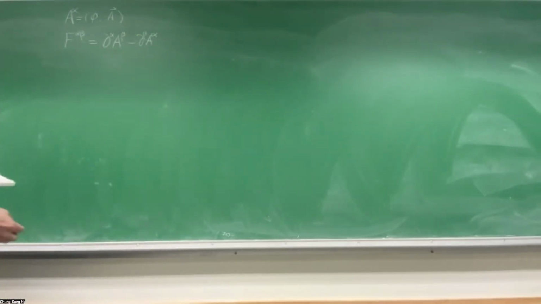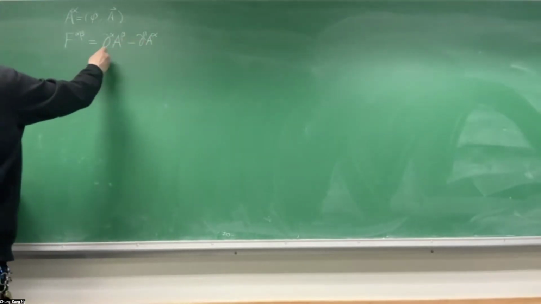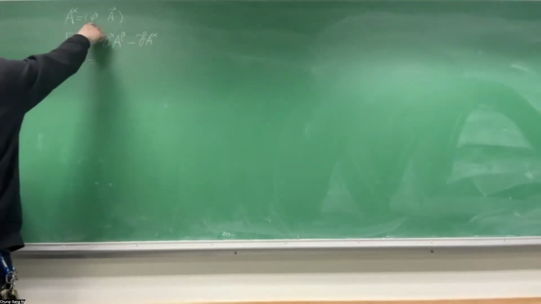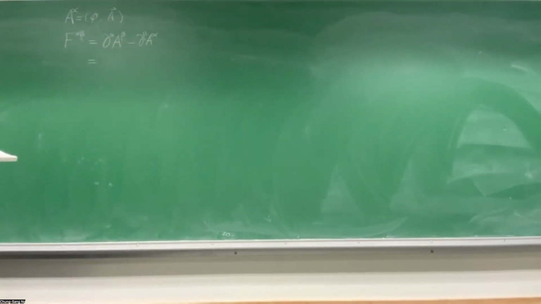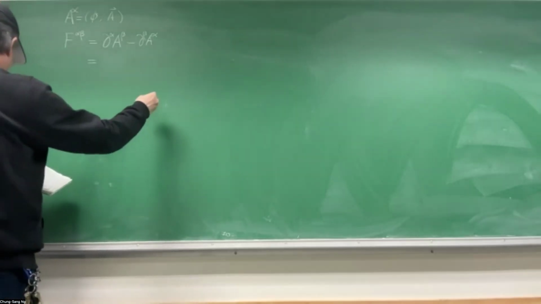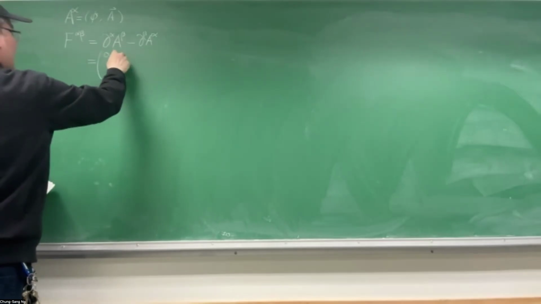Okay. And at first, it didn't look like anything related to the field, but we show by just considering term by term, because this is the gradient and then the time derivative of A, add up to the electric field and so on. So that in matrix form is this one, so 0.